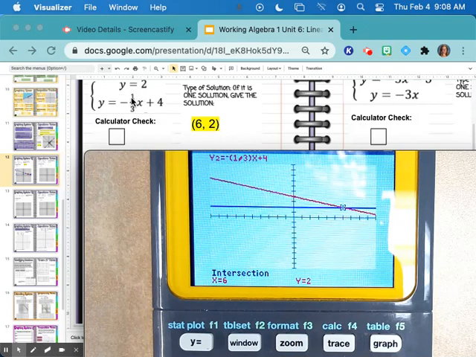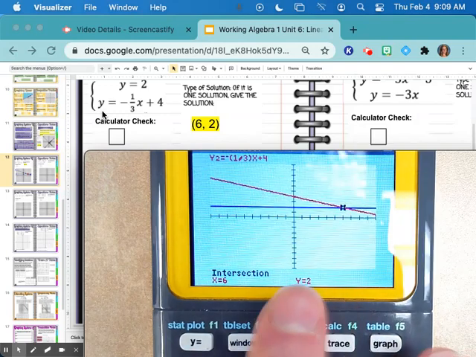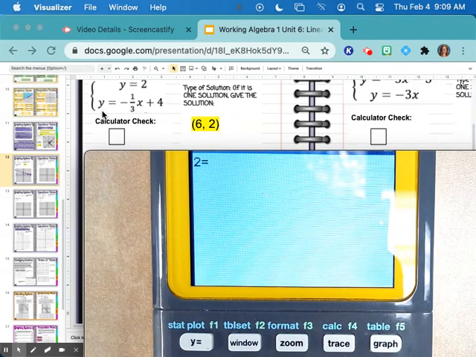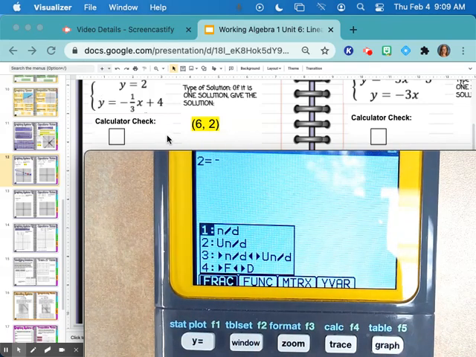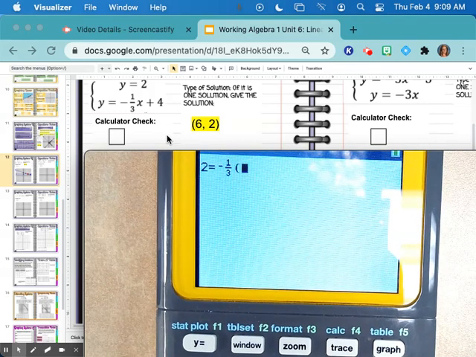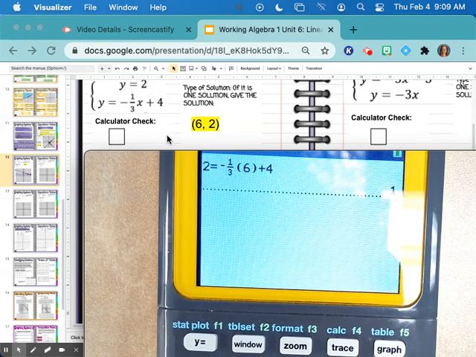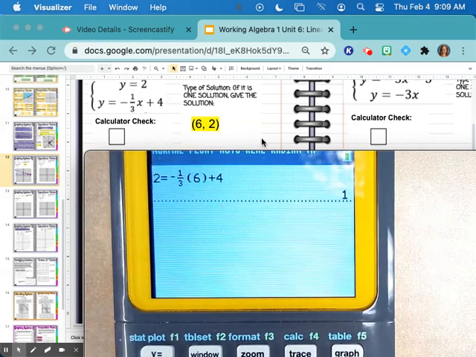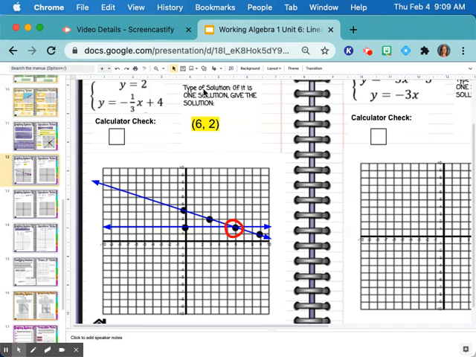That's good. Okay, I'm going to do the other one. 2 equals, because that's your y, equals -1/3 times, what's the x? 6 plus 4. And that is true. So calculator check, we can put a little check mark there. Woo.